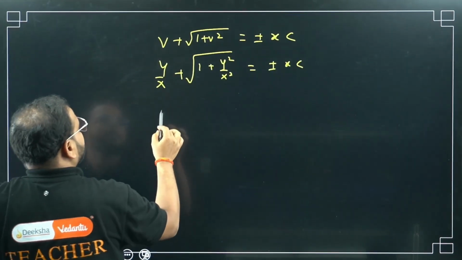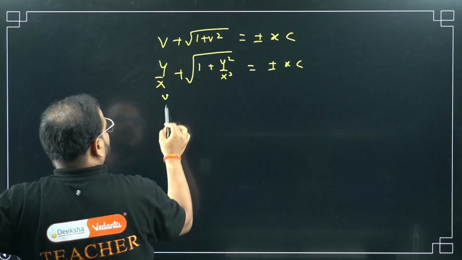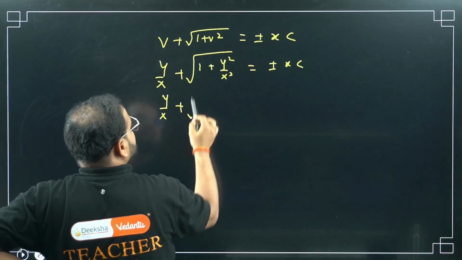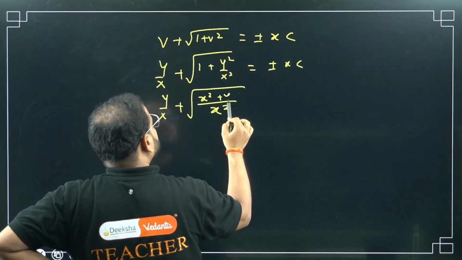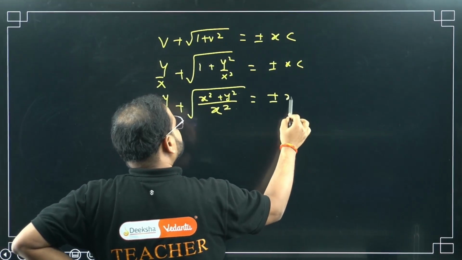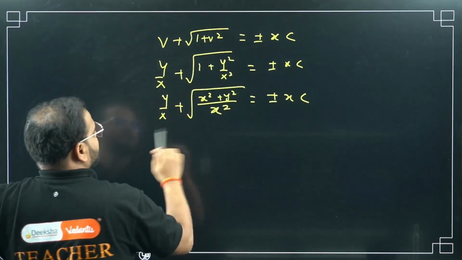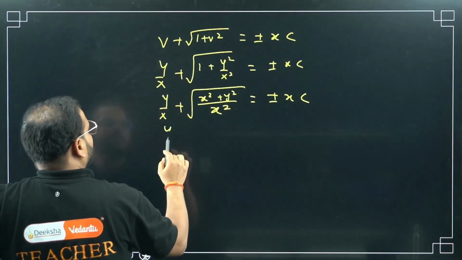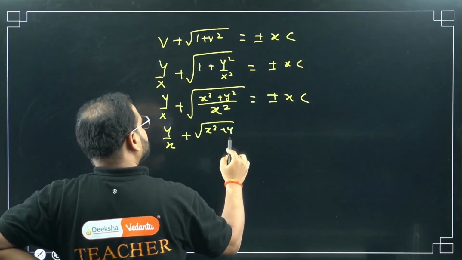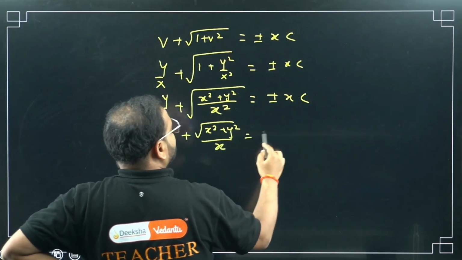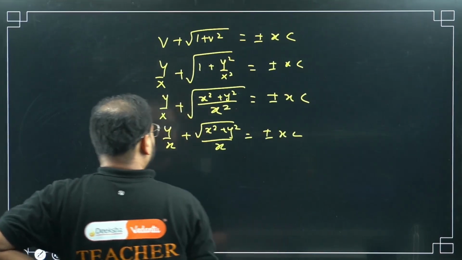Take the LCM. So first of all, I'm going to take this inside the root. We'll get x square plus y square. I can take this x square outside. It will become y by x plus root under x square plus y square upon x equals plus minus xc.